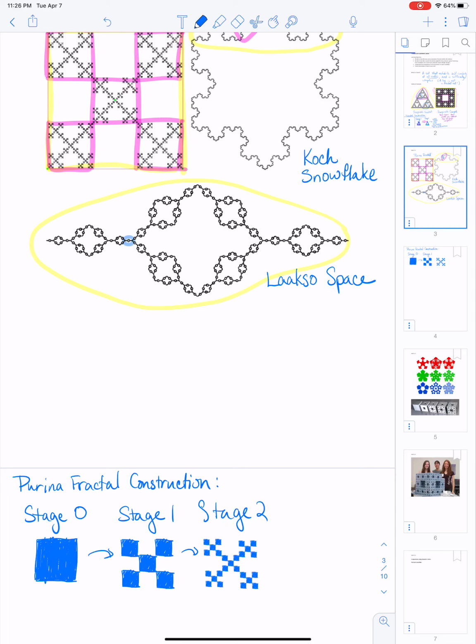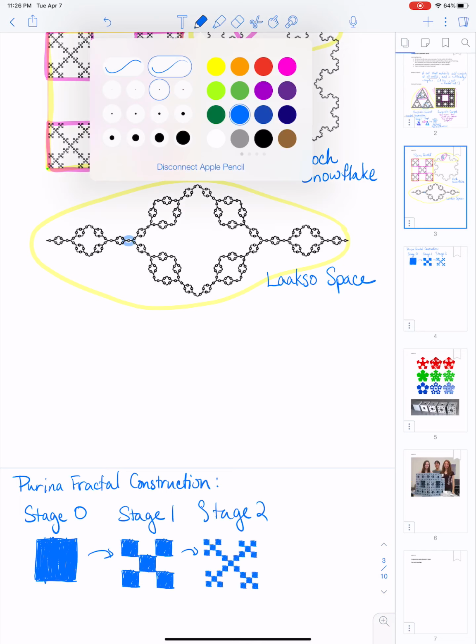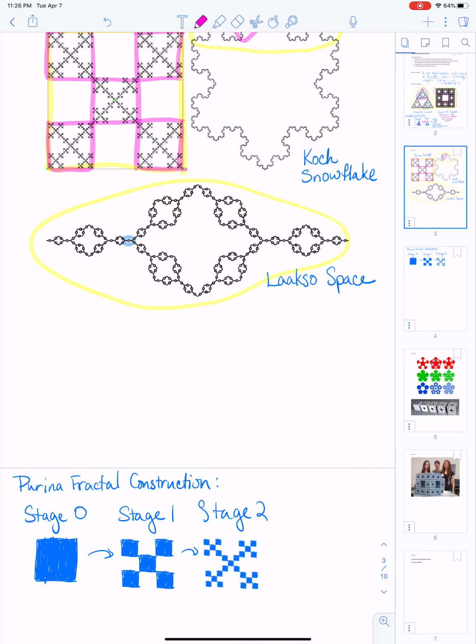Another way of thinking about this would be to cut the original square up into 9 squares and then remove the 4 squares that I'm shading to go from stage 0 to stage 1.